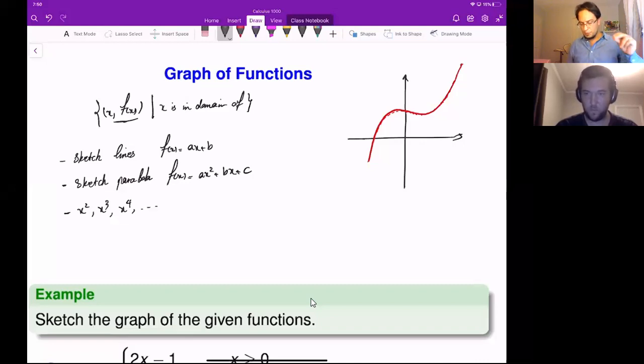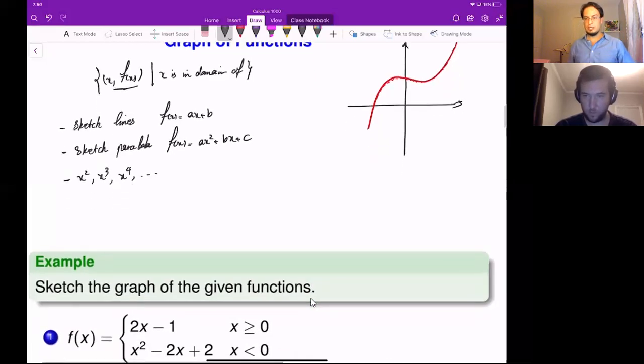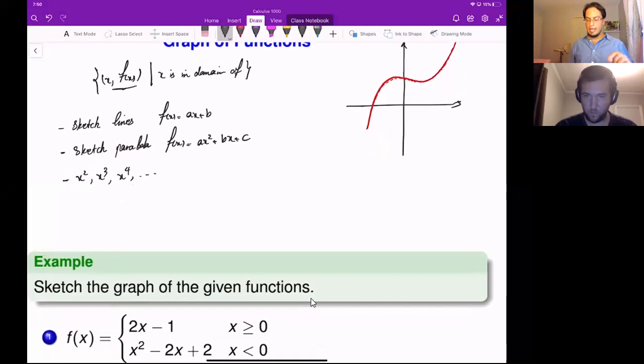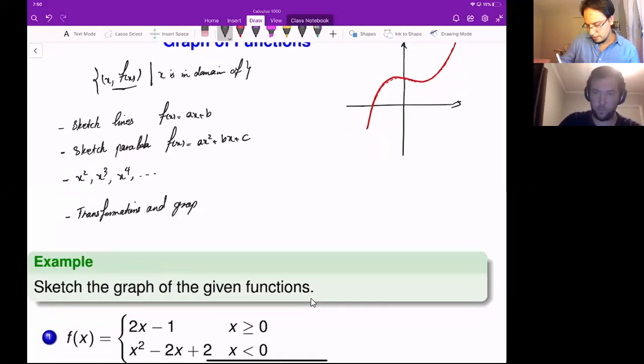Something we will discuss here is sketching a piecewise defined function. And the second thing is how the transformation of a function can help you find the sketch of the graph. So, transformations and graphs.